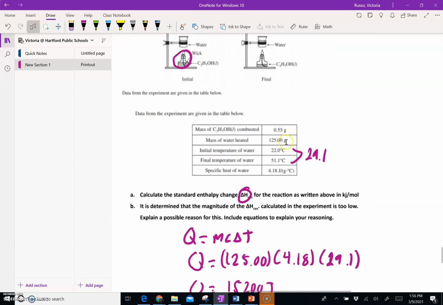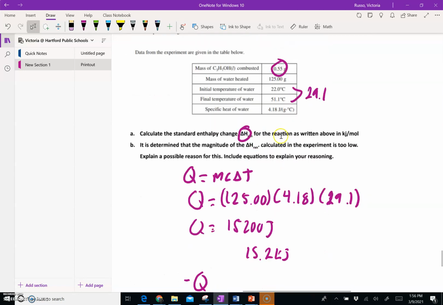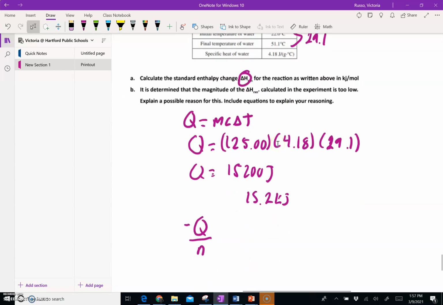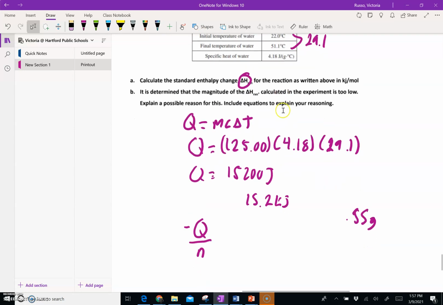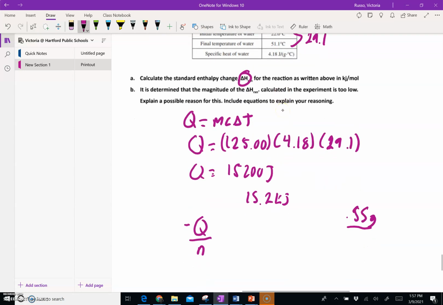They tell us the grams right here, so we can divide by the molar mass. Hopefully you can calculate the molar mass correctly. So we have 55 grams of the alcohol, and again, I'm getting that from here. And if I calculate the molar mass of this, and we've done that a million times, so hopefully you're not having problems with that, that is 60.067.